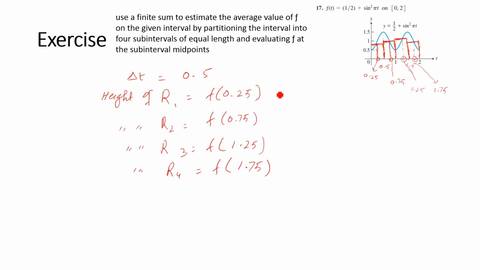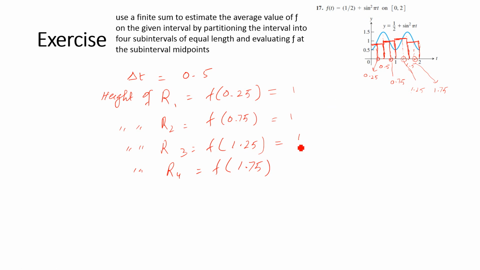You can calculate it yourself. I will just write the answers. f of 0.25 is 1, f of 0.75 is again 1, and f of 1.25 is again 1. Let me do the steps so that you can see what we are going to do. We are just plugging these values into this function.